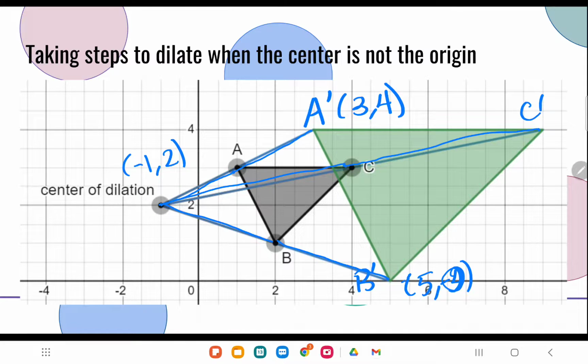And that puts C prime at 9, 4. So that's how I can dilate when the center is not the origin.